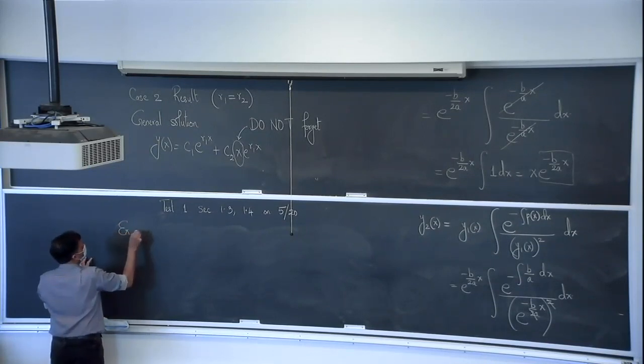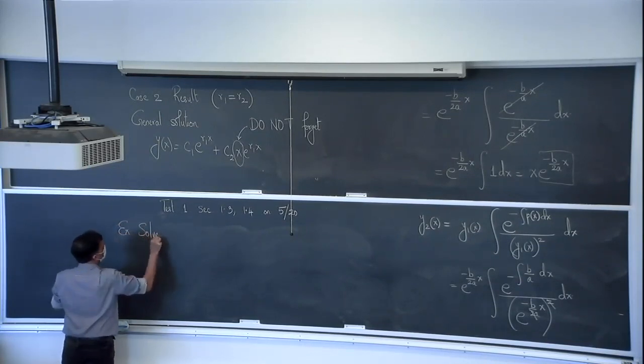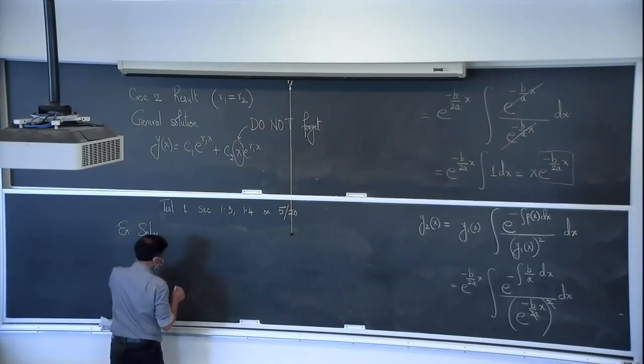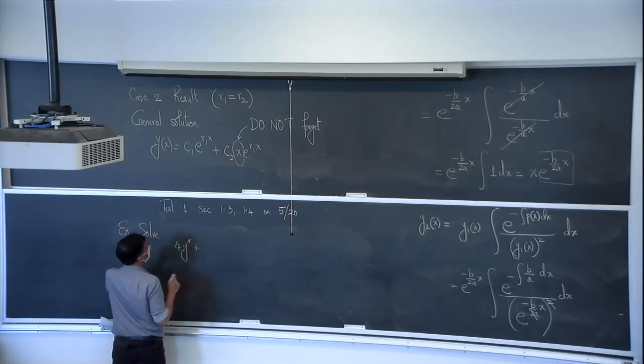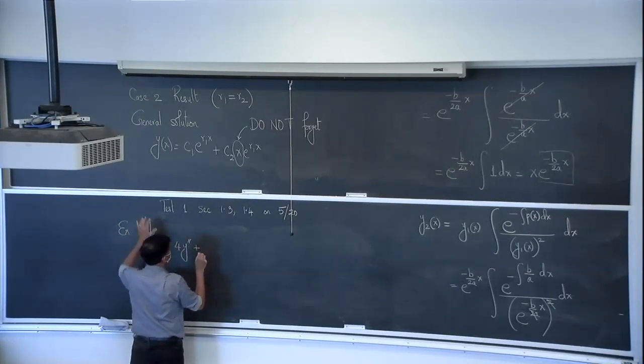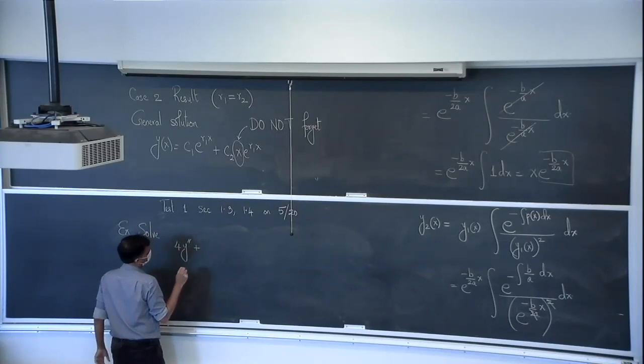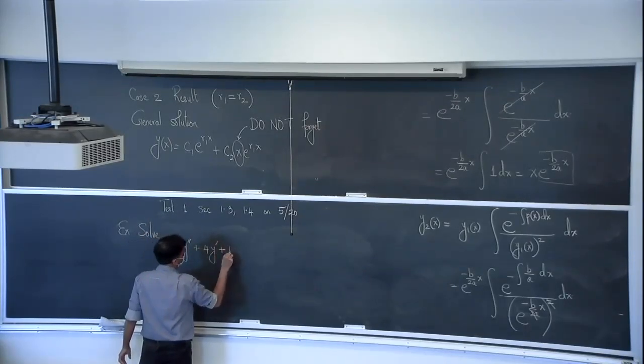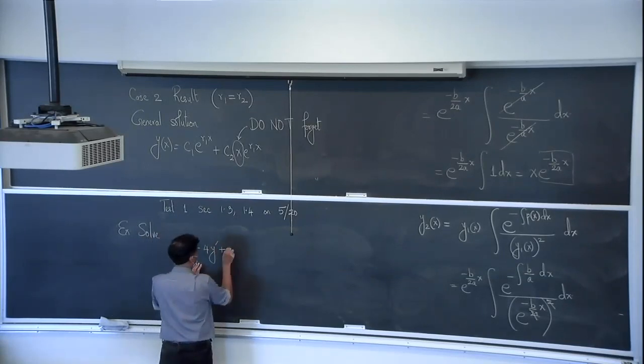Sample: solve or write the general solution to y double prime plus 4y prime plus y equal to 0.